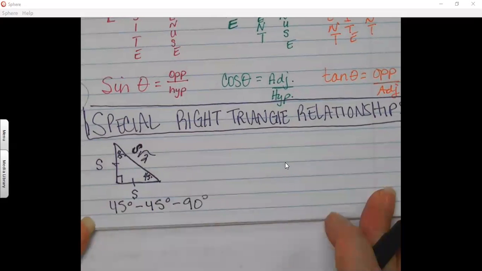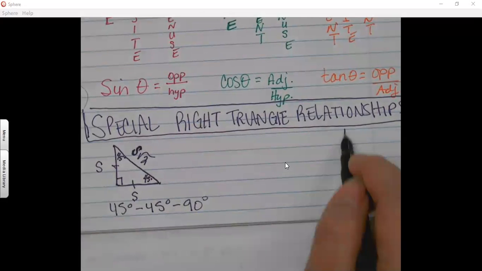So we said the other special right triangle is a 30, 60, 90. Okay, so you're going to have one short leg. So I'm going to put mine on the bottom. And the short leg, if you have a 30 degree, 60 degree, and 90 degree angle, the short leg is across from which one of those angles?